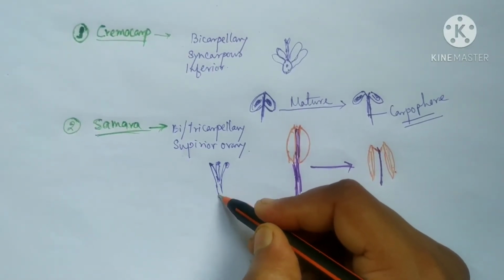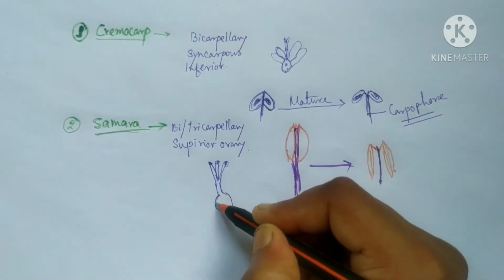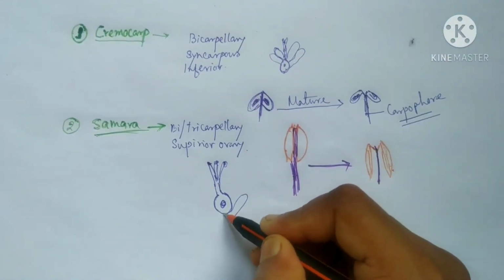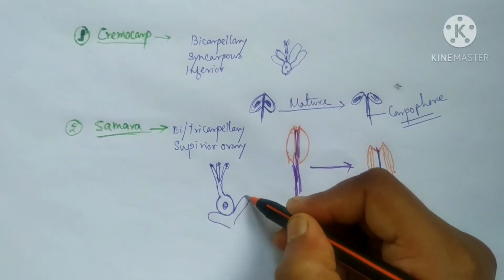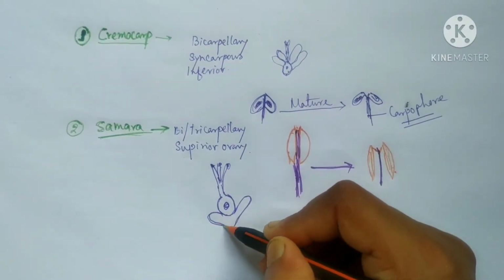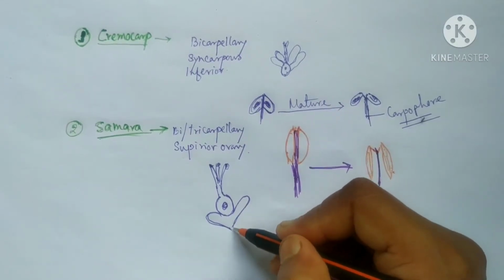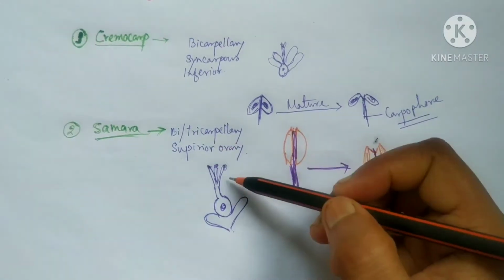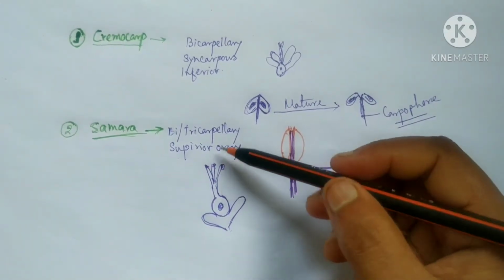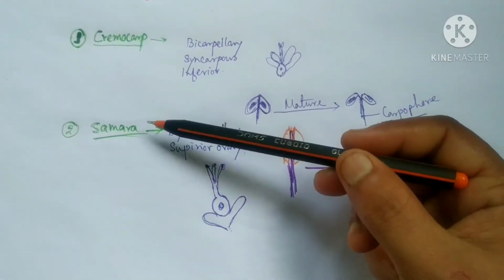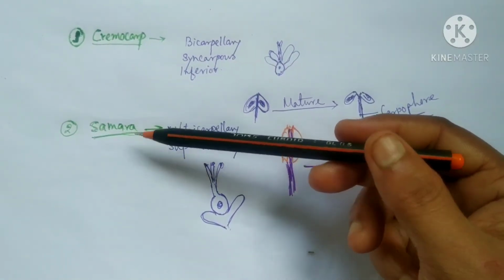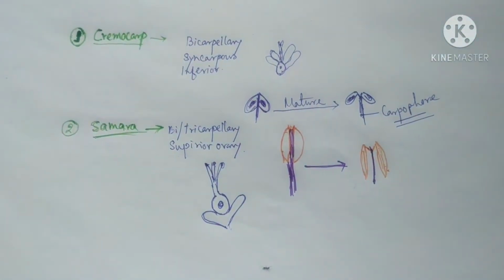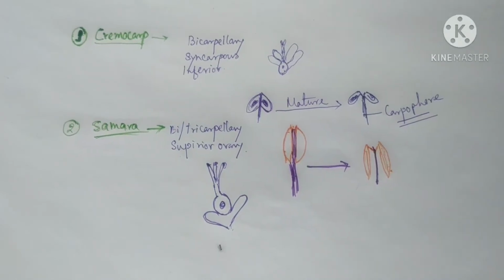Superior ovary means the ovary is present in a superior position, with all the floral parts present below this ovary. So this type of ovary is present in the case of samara.